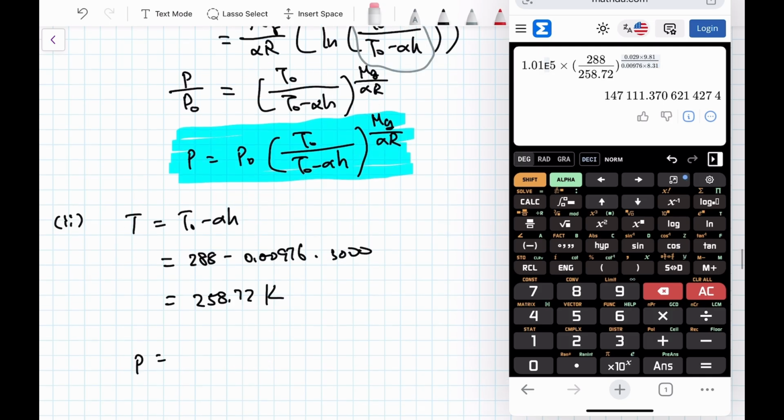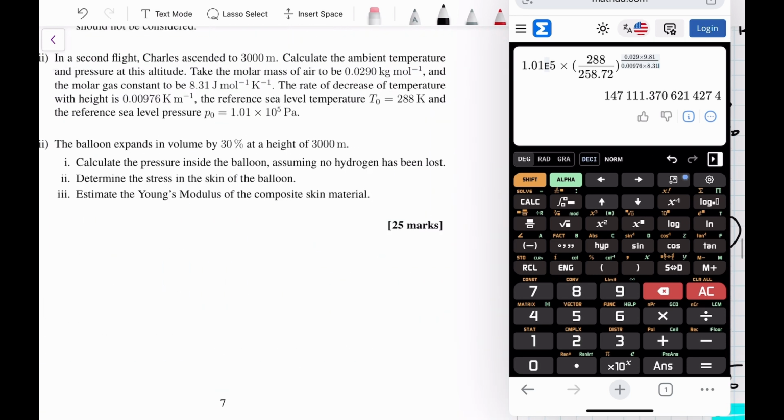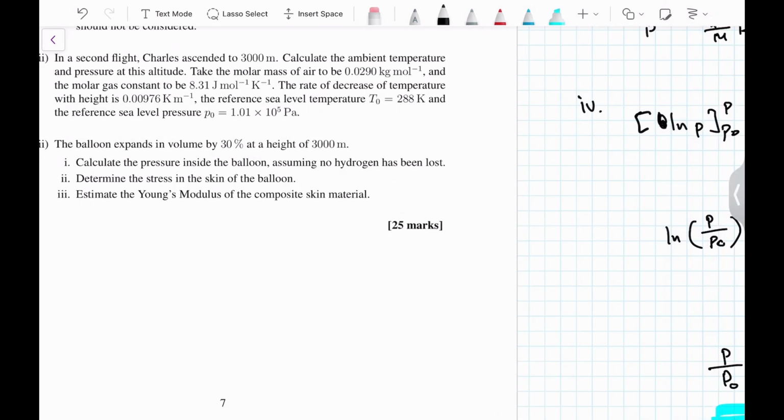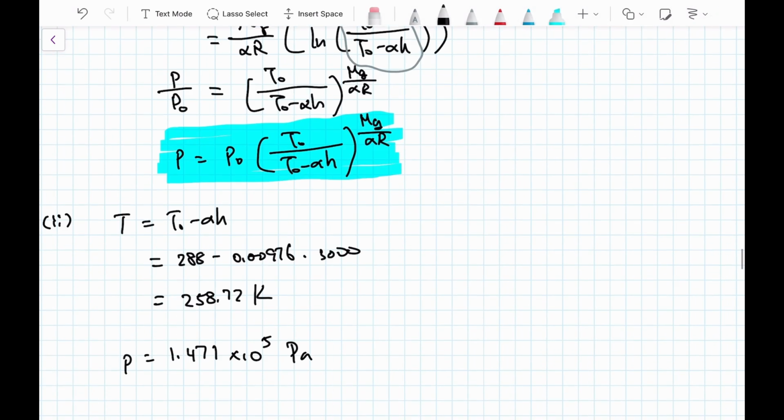Then the pressure at 3,000 meters should be 1.471 times 10 to the power of 5, in pascals. And that is the answer to the question.